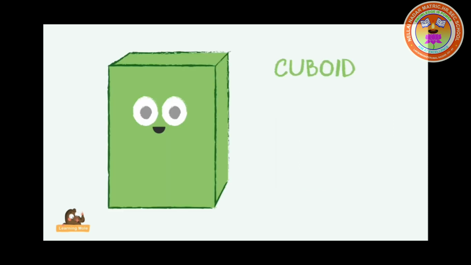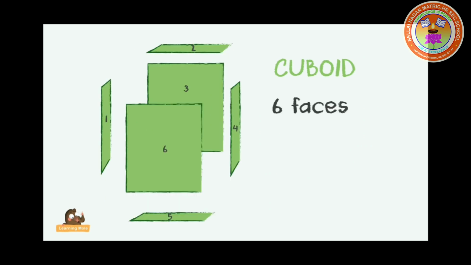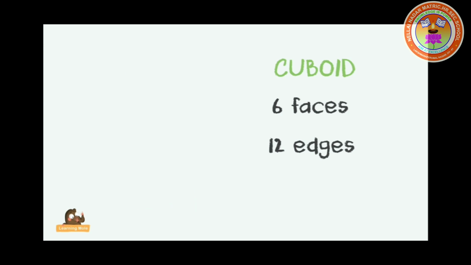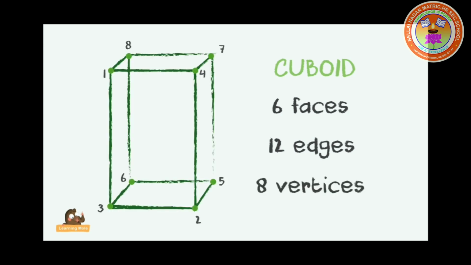Next we will see about cuboid. It has 6 faces, 8 vertices and 12 edges. It has 12 edges and 8 vertices. Its opposite sides are equal.